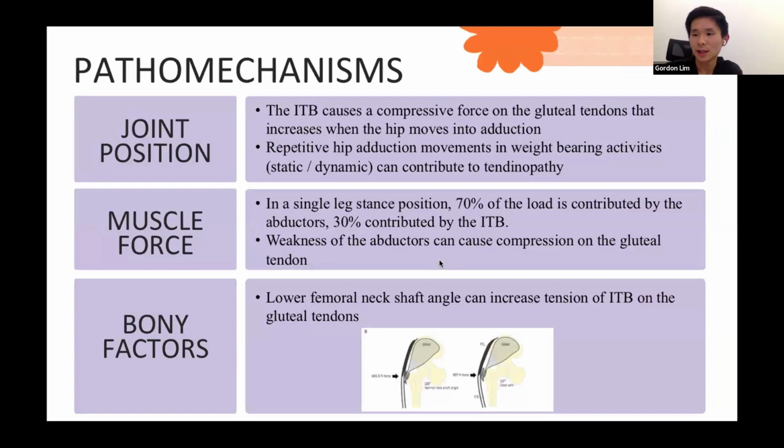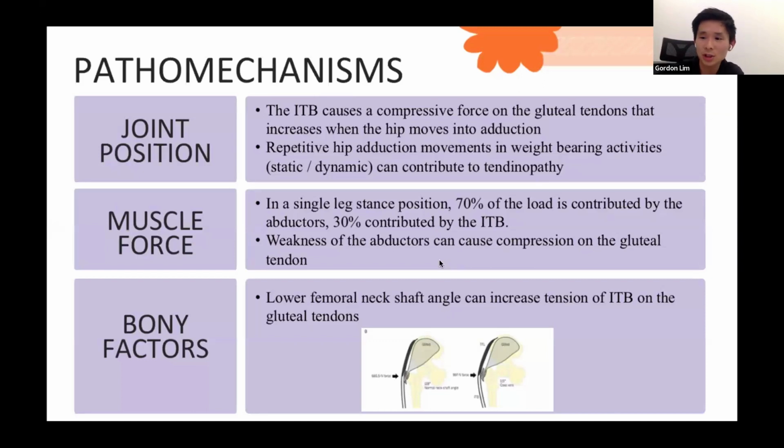The first one is a joint position cause that results in more stress over the gluteal tendon. The IT band causes a compressive force on the gluteal tendon when the hip moves into an adducted position. Repeated hip adduction movements, especially in single leg weight-bearing activities, can put more stress on the gluteal tendon, potentially resulting in tendinopathy. The second is the lack of muscle force to absorb load.